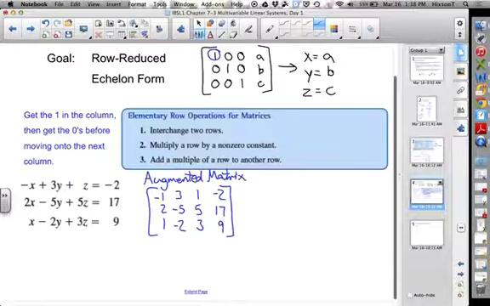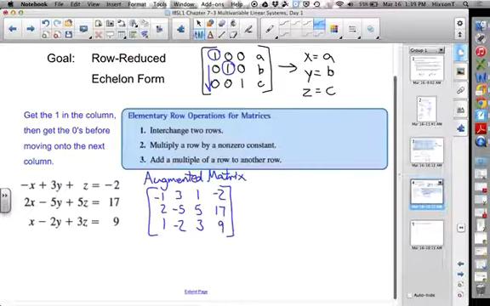Then we're going to work to get the zeros in that column. Zero out the rest of the column. The reason why that's important is then when we go to the next row, we're going to get the 1 here, and then use this row here to get zeros there and there. But if these aren't zeros, it's going to mess up this one.